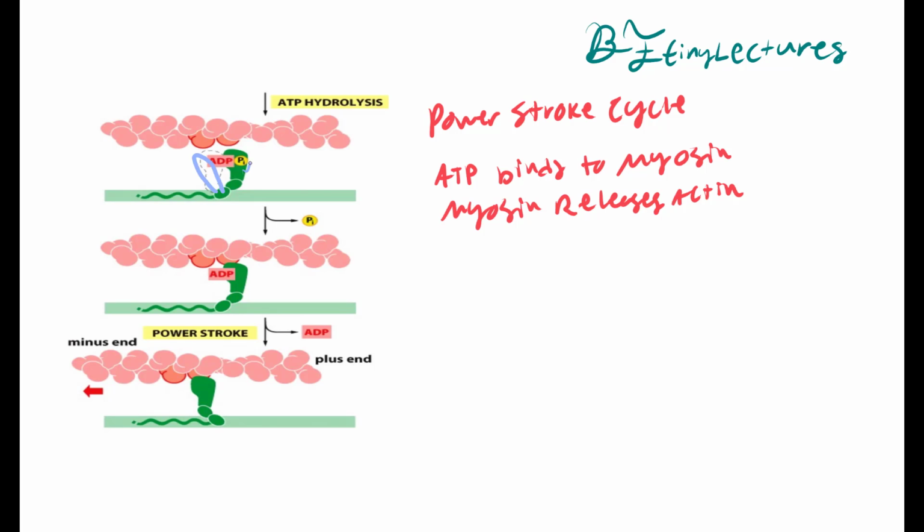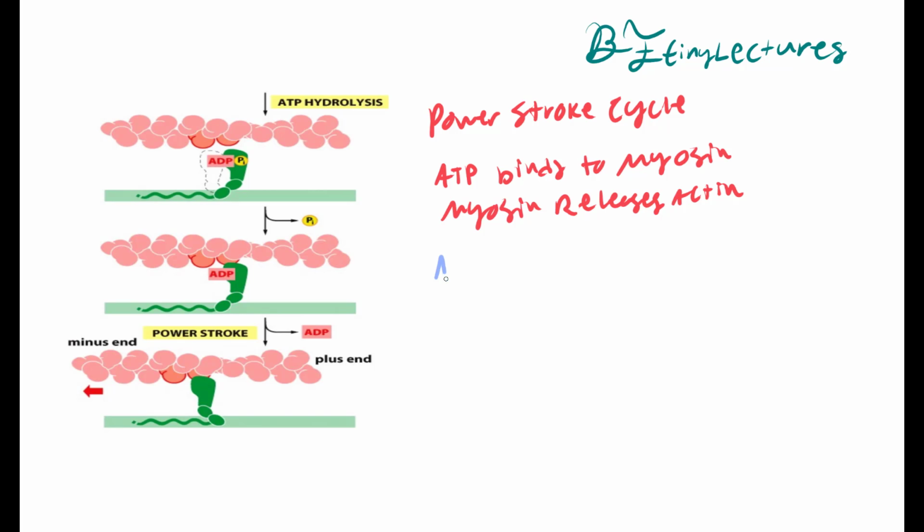And when it shifts forward, we now have this new conformation. Afterwards, the inorganic phosphate ion will be removed from the myosin head. And when this happens, the ADP is released and the myosin head moves the actin filament.